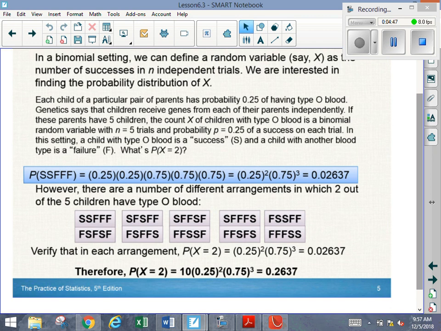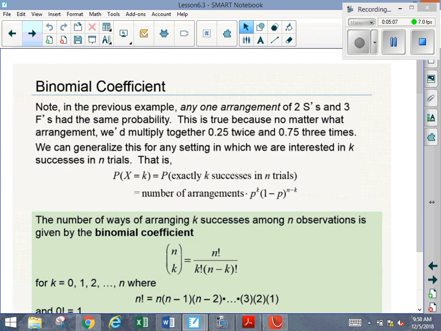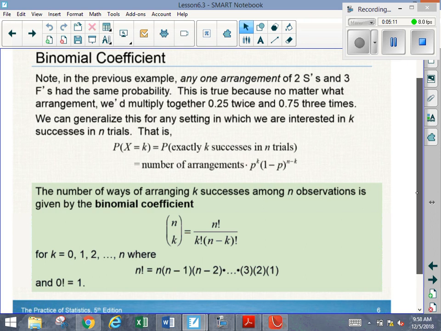If you'd like to go back and use your calculator to calculate this, that's fine. I'm confident because of Chapter 5 you can calculate this probability the standard way. I'm going to show you a faster way to do it, and we're going to use the formula for a binomial probability.